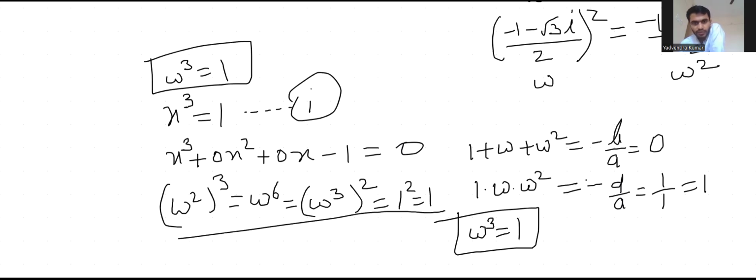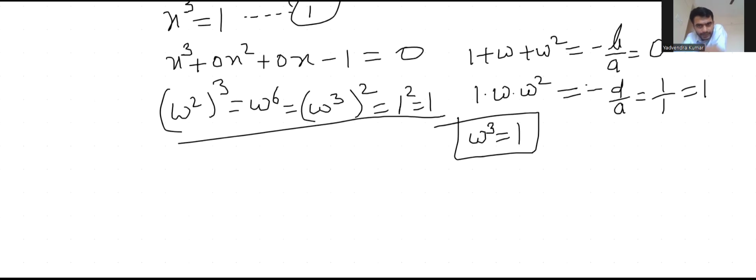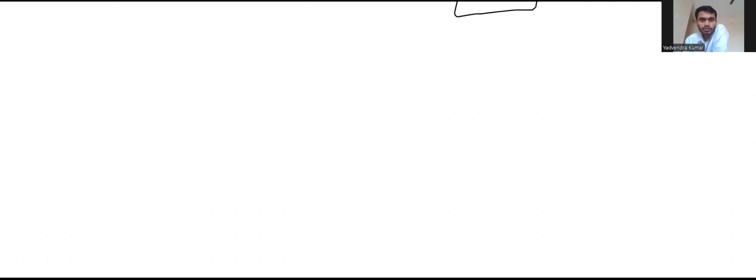Now, this was the cube root of unity. Now we will move to nth roots of unity and how we are going to deal with that. When I calculate the nth root of unity algebraically, then I will move to the rotation part. So now x to the power n is equal to 1. Then it can be written as x to the power n minus 1 is equal to 0.